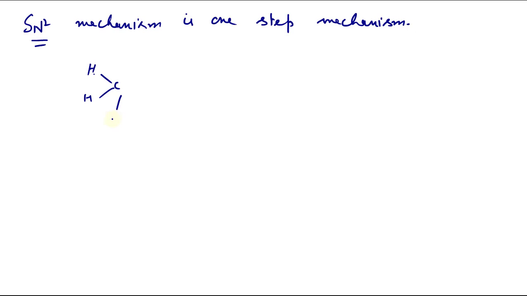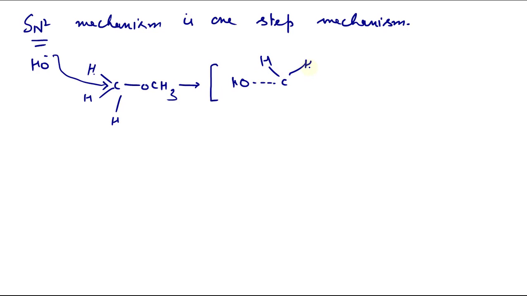Suppose I have some reactant and this nucleophile, so it will attack from the backside and first we will get a transition state. The attack of the nucleophile is from the back side, and OCH3 and the nucleophile both are partial negative.